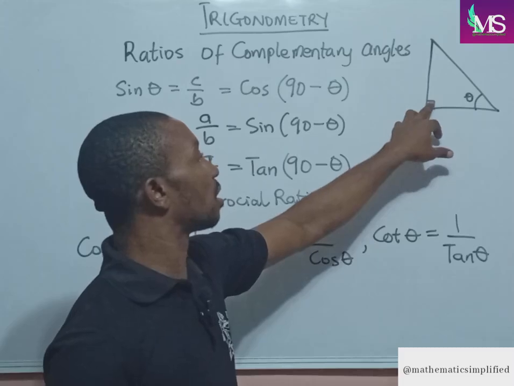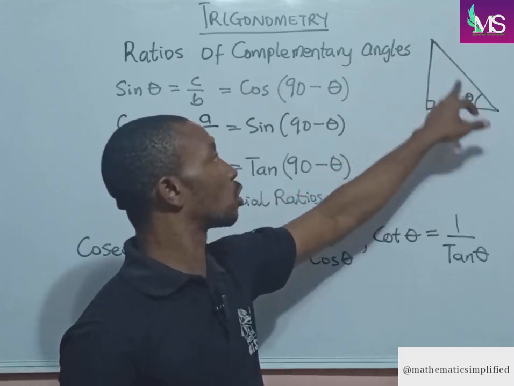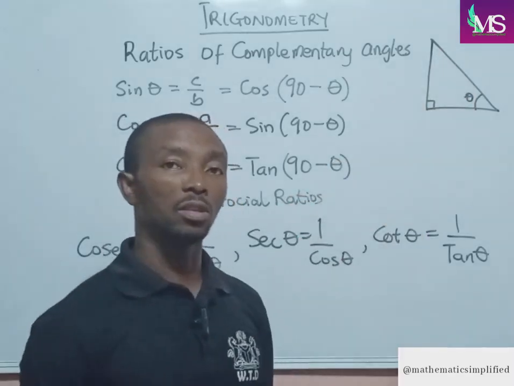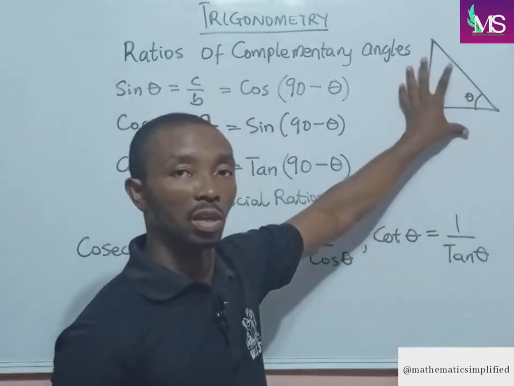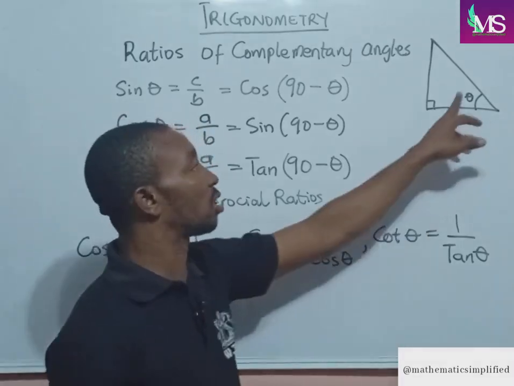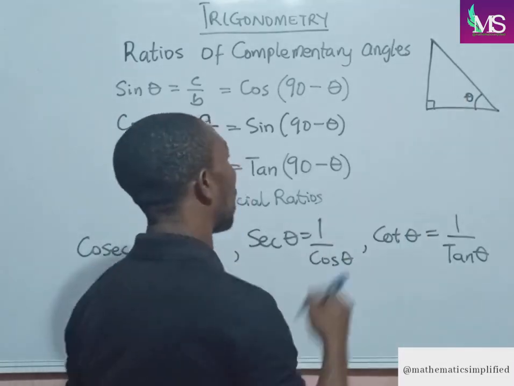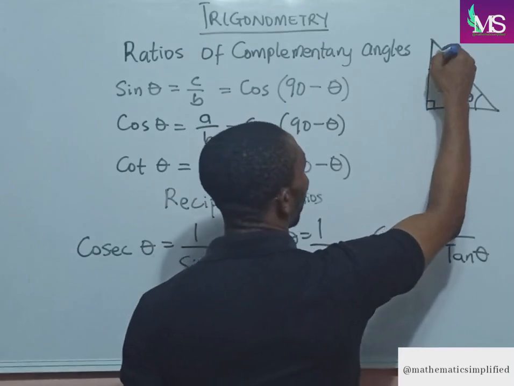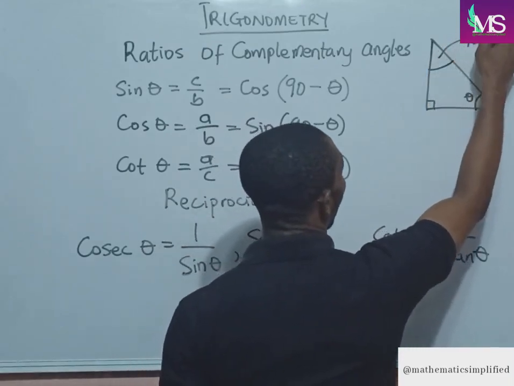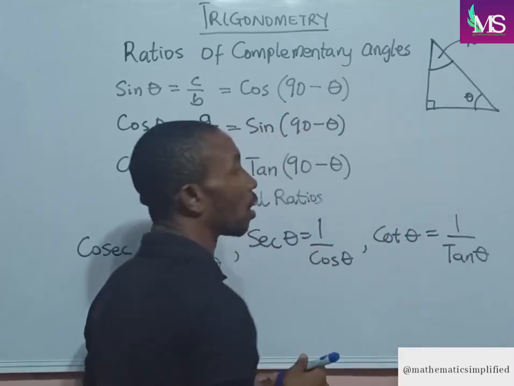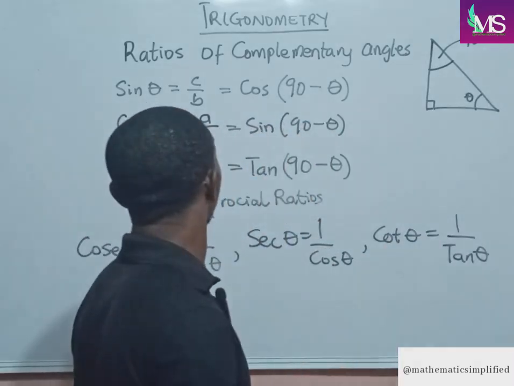So if this is 90, that means these two will sum up to 90 degrees to make 180 degrees in this triangle. So if we have theta at this point, the other angle here will be 90 minus theta.